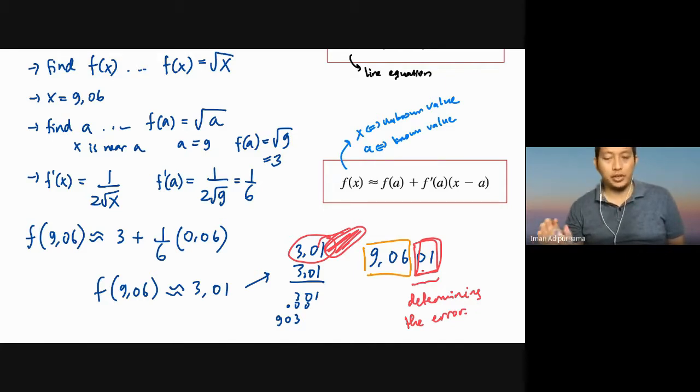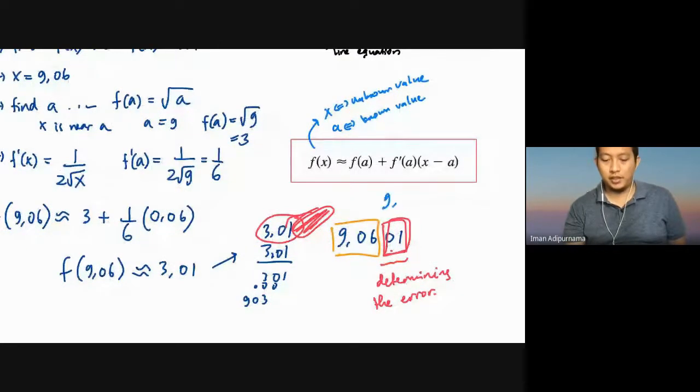And if you have results like maybe 9.06 and then 0.00001, I think this is better than 0.1. It has more zeros, which means in terms of error, it's less error than the previous one.